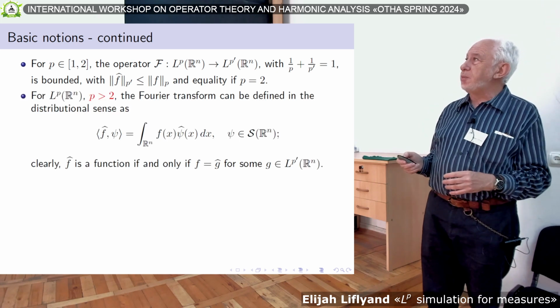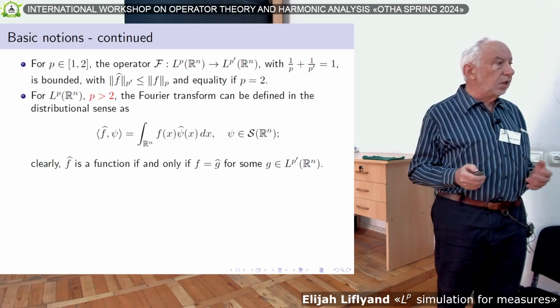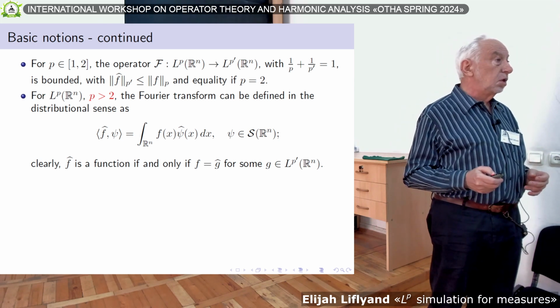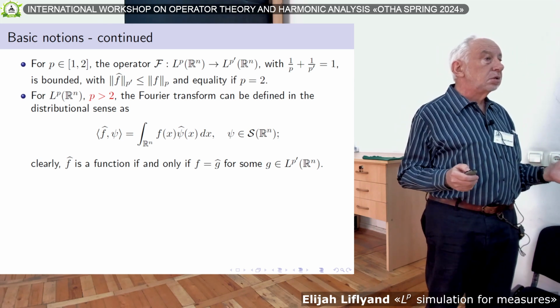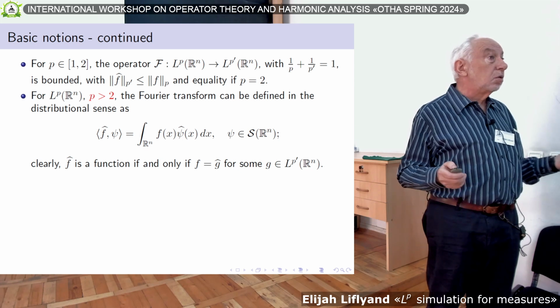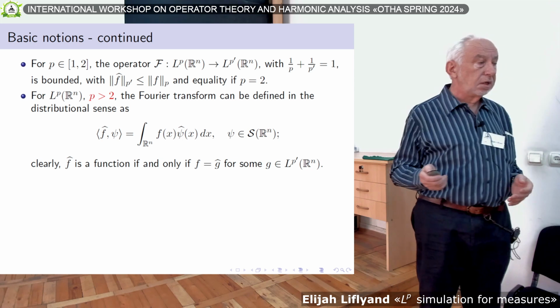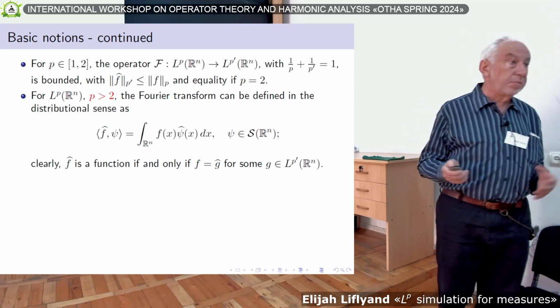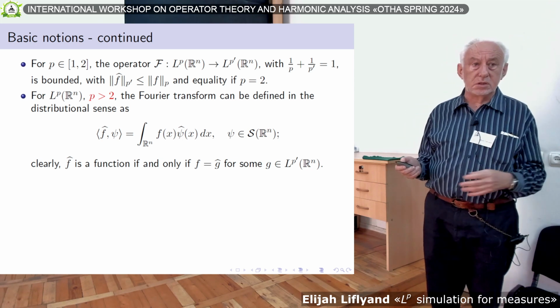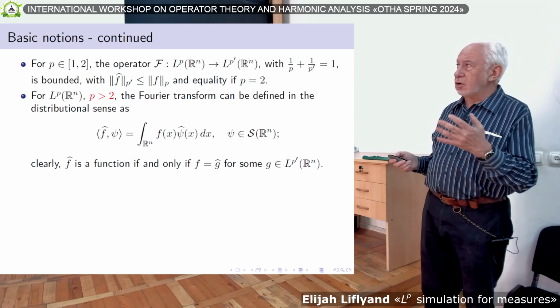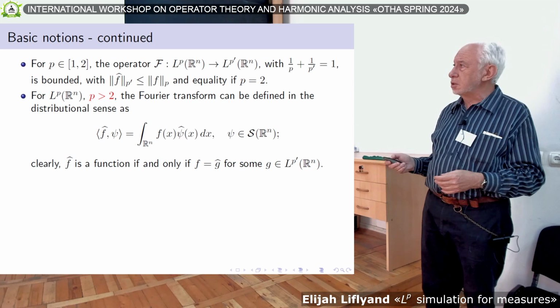But when P is greater than 2, it is well known that the Fourier transform can be understood in general only in the distributional sense. There are counterexamples that do not allow any of the usual approaches.